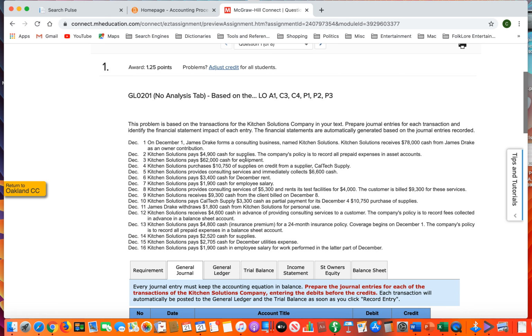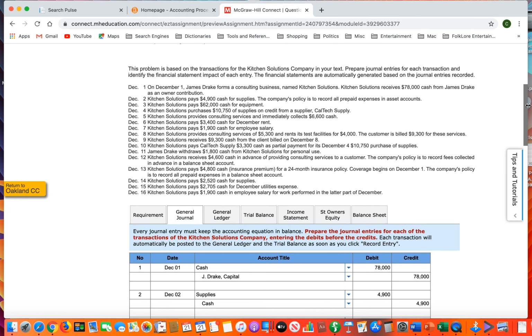Now these supplies, he's not going to use all $4,900 in 1 month, so they're like prepaid. So supplies would be a debit, because some books will call it prepaid supplies, because it is a prepaid expense. And so look here at the bottom, supplies $4,900, and cash you credit because cash is reduced.